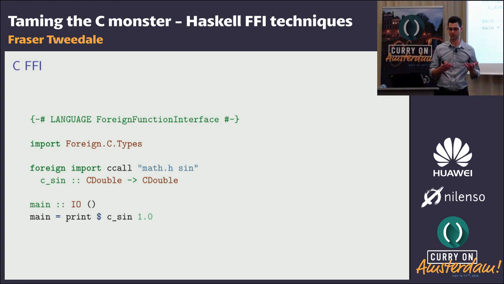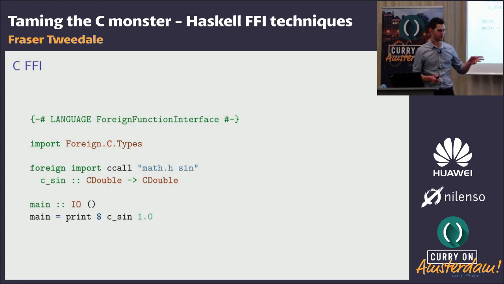And the syntax is just foreign import C-call, that's the calling convention, typically C-call, or I forget what is the one for the Windows API, but it's a different name. And then the name of the symbol that you want to import, the name that you want to refer to that routine by in your Haskell program, in this case C_sign, and then the type signature of that function or subroutine. So in this case we're importing sign, so we declare the type signature to be C double to C double.